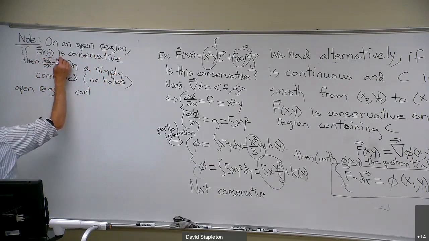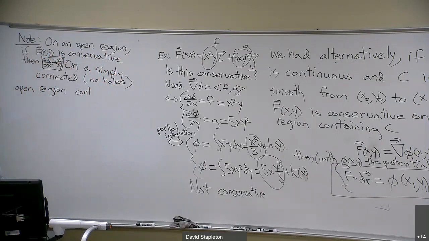That's the test. If it's conservative, it will always satisfy this equation. That's not really what we want to know. We want to know when it is conservative. So this is the second part.